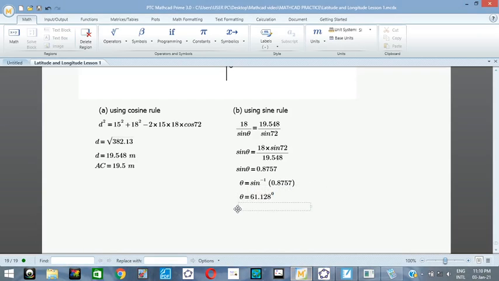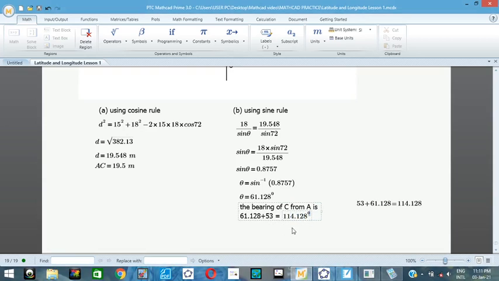Therefore the bearing of C from A is 61.128 plus 53, and that is 114.128 degrees. So this is our answer.